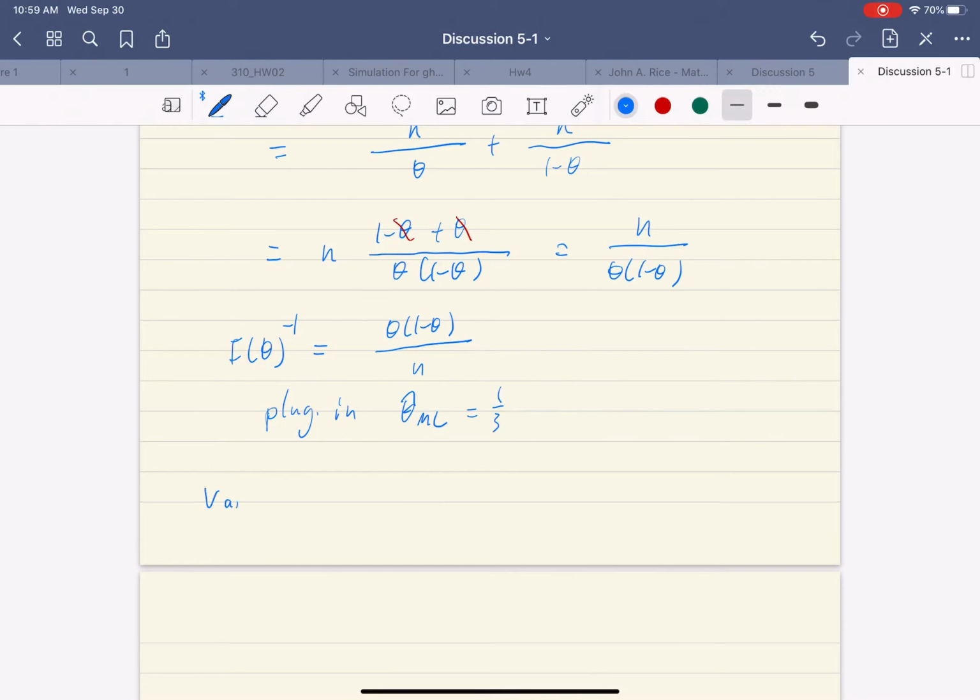So we can say the variance of this is approximately equal to 1 over 3 times 1 minus 1 over 3, divided by the sample size 3, which is 2 over 27. This is approximate. Okay, that's all.